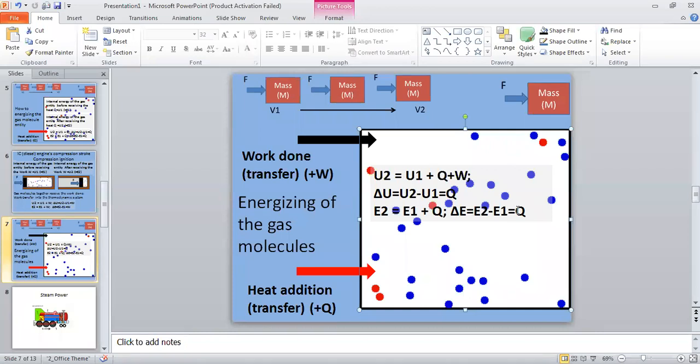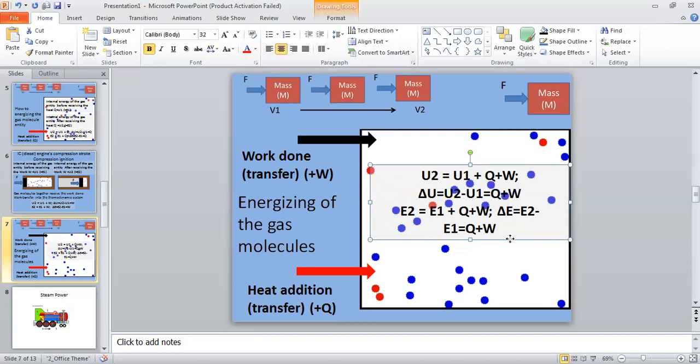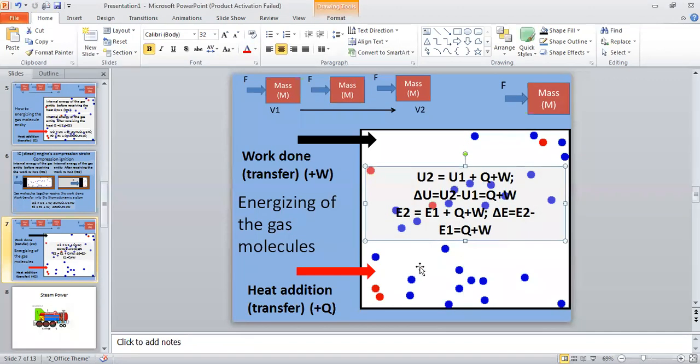So Q plus W, addition of this. Now all together, Q plus W. Interesting.